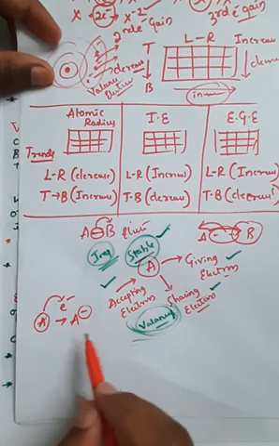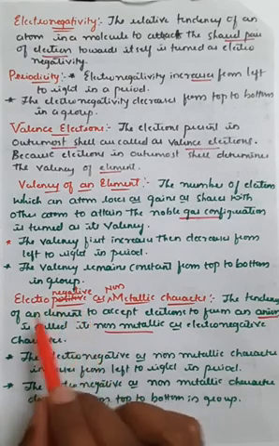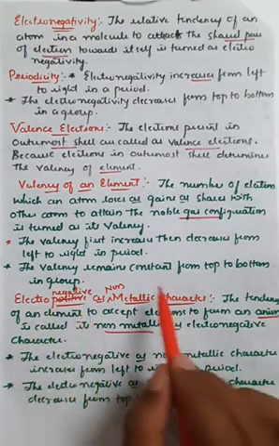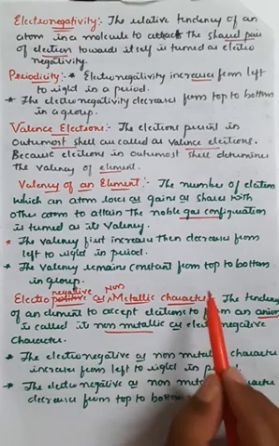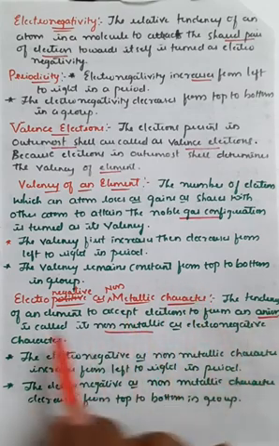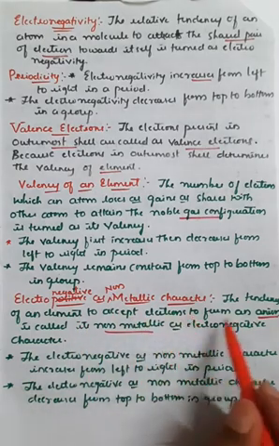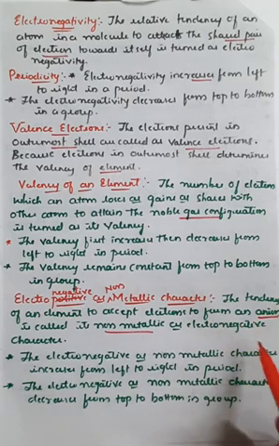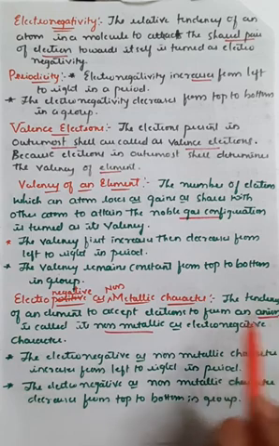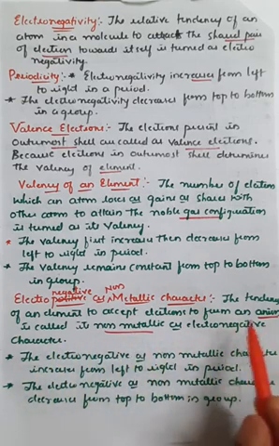So this conversion to A minus is nothing but electronegativity, or you can also call it non-metallic characteristics. Therefore, the tendency of an element to accept, that is, to gain electrons to form an anion, to convert into a negatively charged particle, is called non-metallic or electronegative character. Anion is nothing but a negatively charged particle.